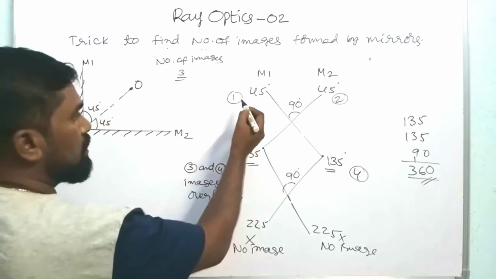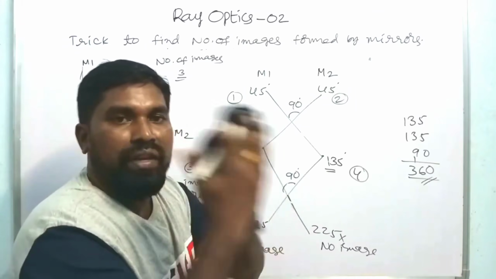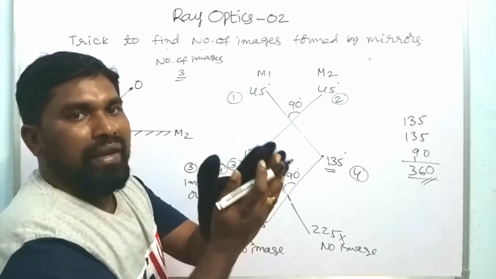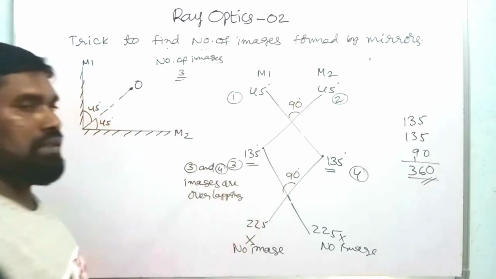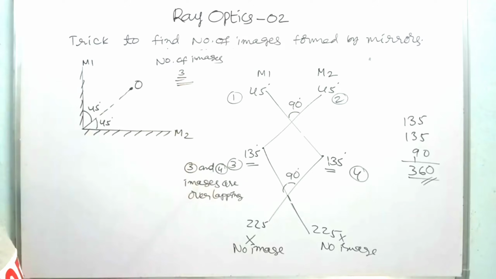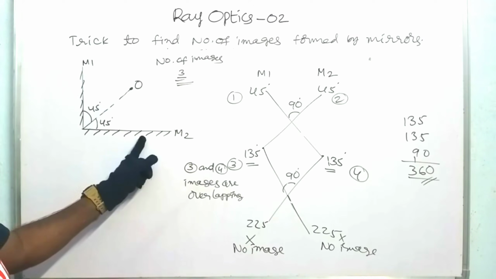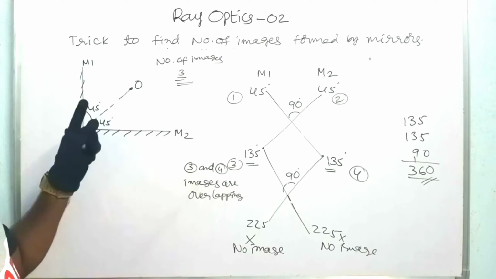So the number of images are 1, 2, and these two mix up, forming one image. That is 1, 2, 3 images. The total number of images when the two mirrors are perpendicular to each other is 3.